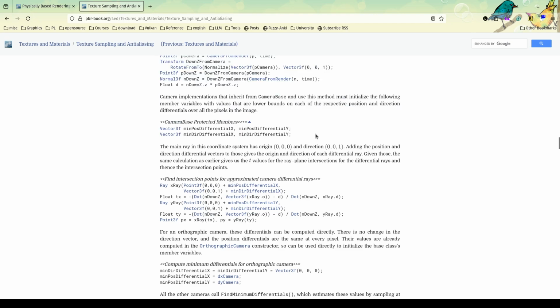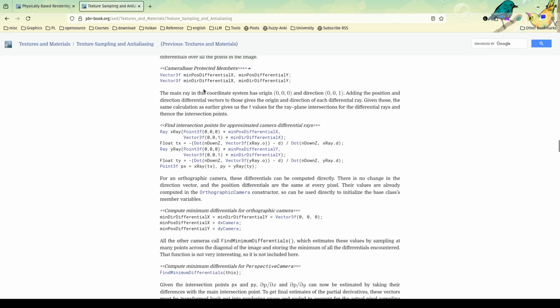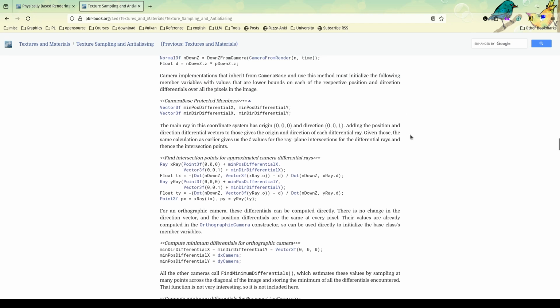Just minimum differentials. The main ray in this coordinate system has origin 0, 0, 0 and direction 0, 0, 1. Adding the position and direction differential vectors to those gives the origin and direction of each differential ray.